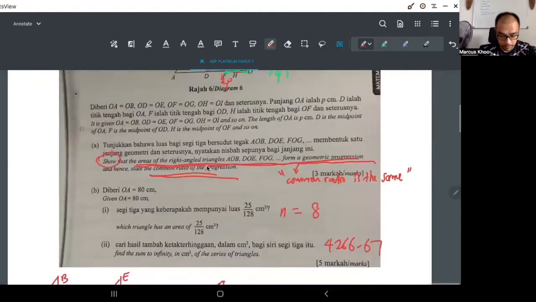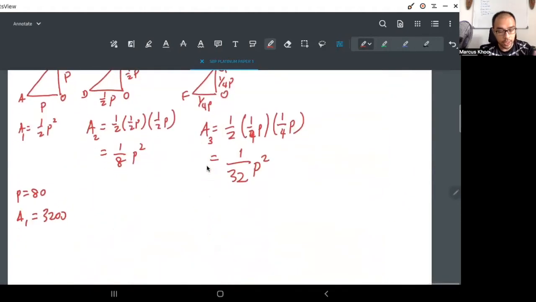Then A2 will be 1/8 times 80 times 80, which will be 800. A3 will be 1/32 times 80 times 80, or you just divide by 4, since the common ratio is 1/4.